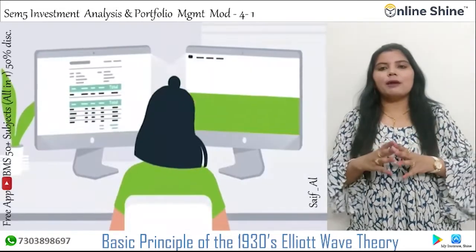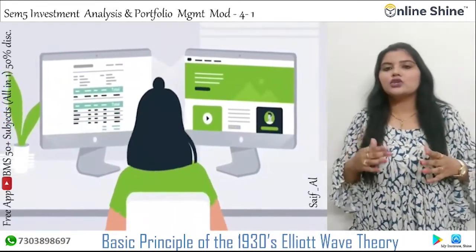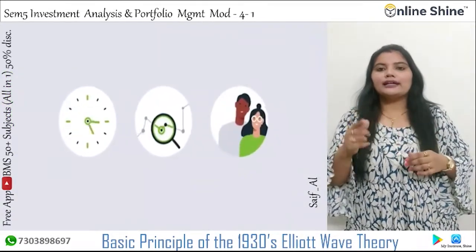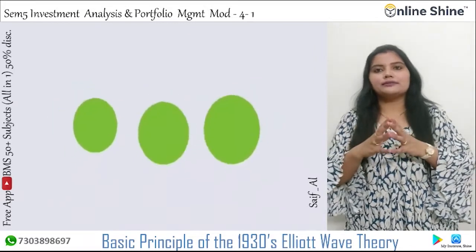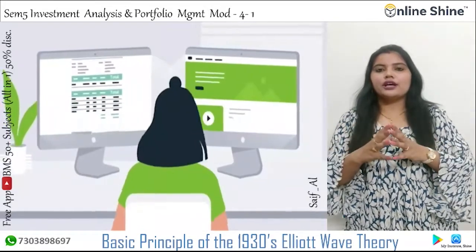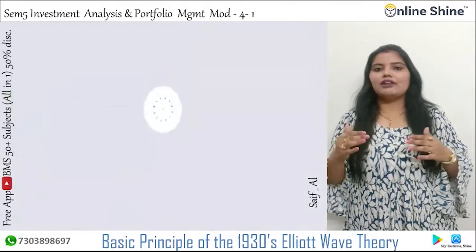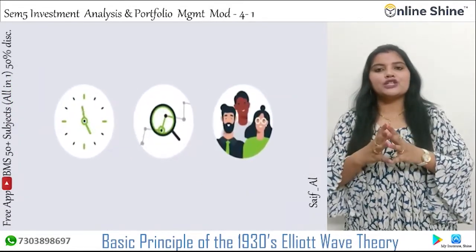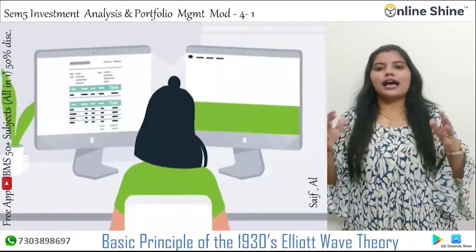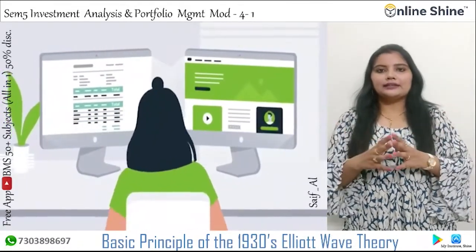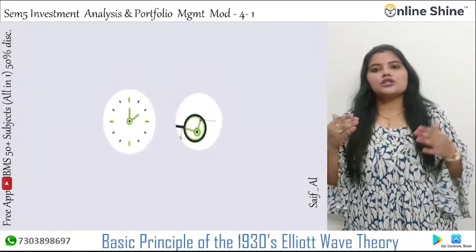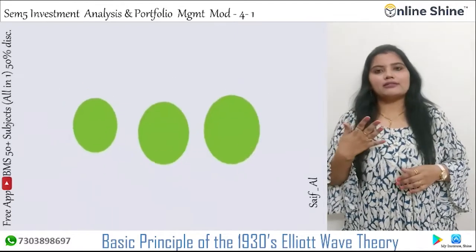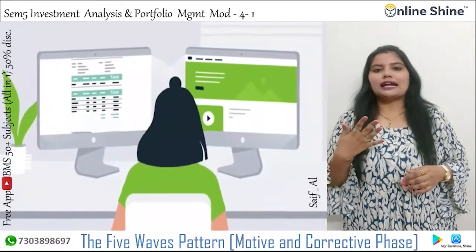This information about smaller patterns fitting into bigger patterns, coupled with the Fibonacci relationship between the waves, offers a trader a level of anticipation, or you can say prediction, in searching for and identifying trading opportunities with solid reward risk ratios. Now, the 5 wave pattern, motive and corrective.